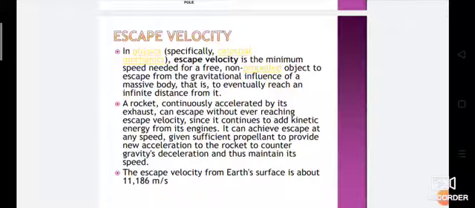When we think about Earth, its gravitational pull is massive, and the escape velocity from the Earth's surface is about 11,186 meters per second. Actually, this is the escape velocity of any object.